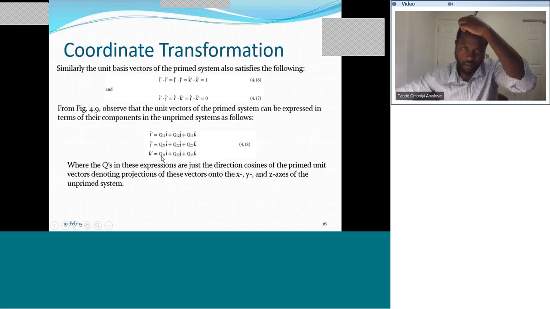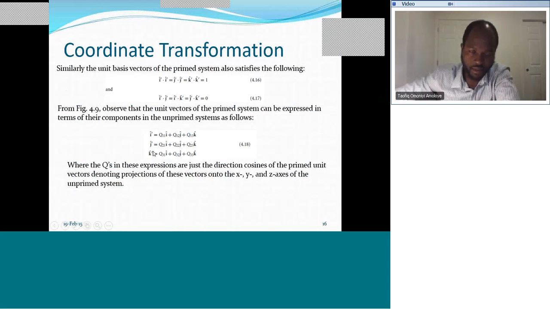You see that the third expression there is just what I've tried to explain. So try to get the expressions for I prime and J prime on your own. The Q's in these expressions are just the direction cosines of the primed unit vectors, denoting projections of these vectors onto the X, Y, Z axis of the unprimed system.